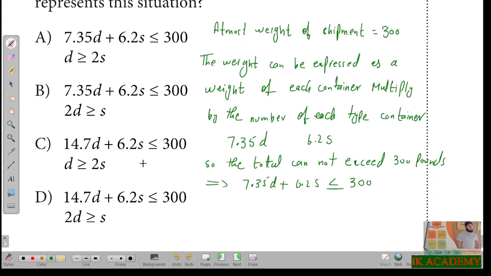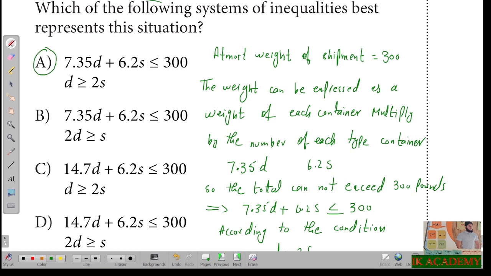According to the condition, the number of detergent containers should be greater than or equal to 2 times the number of fabric softener containers. So D must be greater than or equal to 2 times S. So which is the option A. So option A is the correct answer.